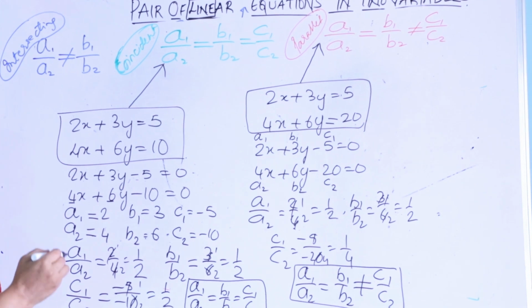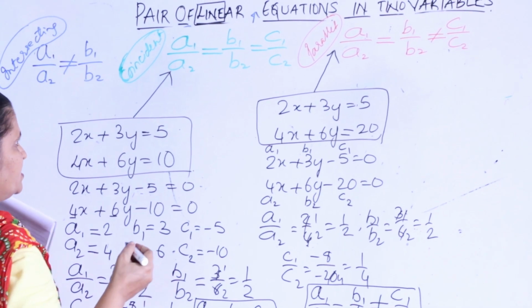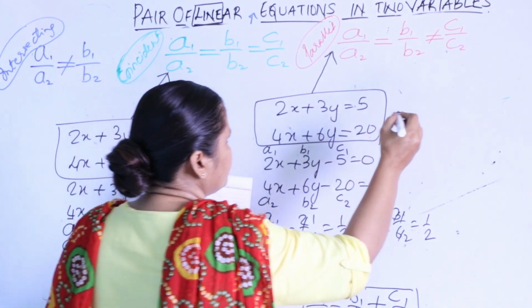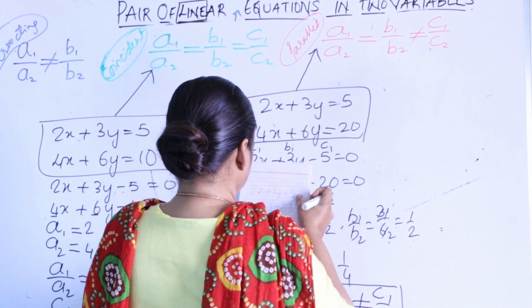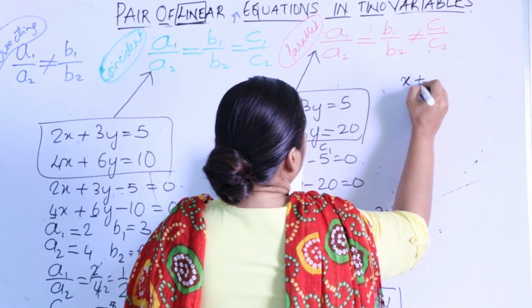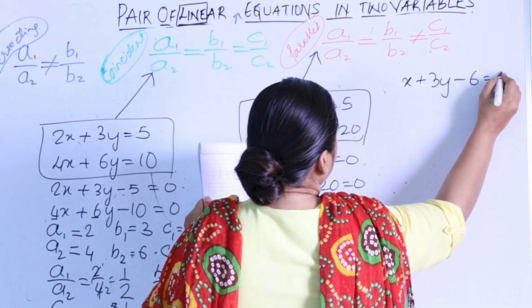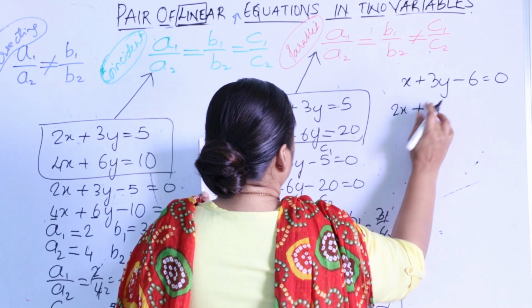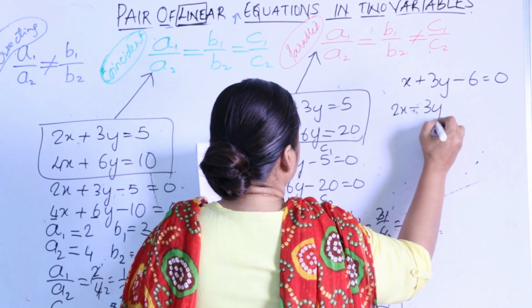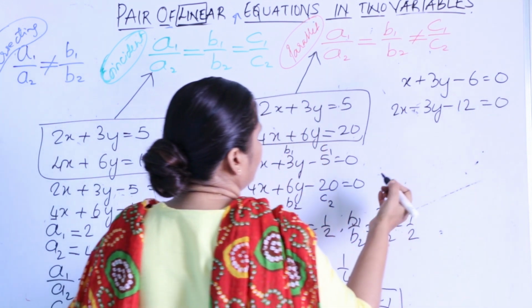Now, let us see the third set of equations. x plus 3y minus 6 equals 0. 2x minus 3y minus 12 equals 0.